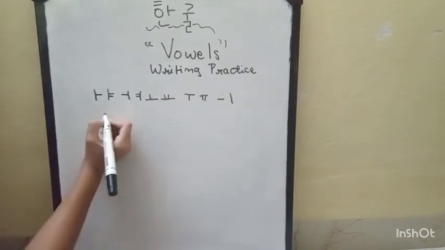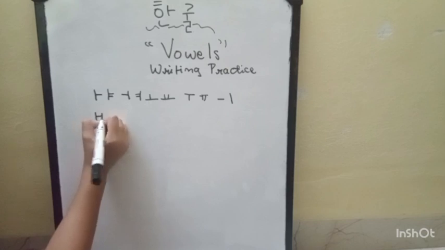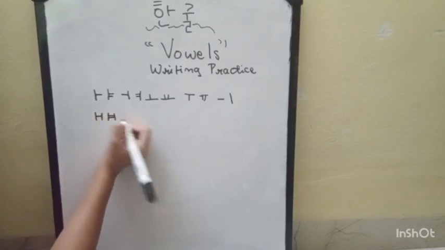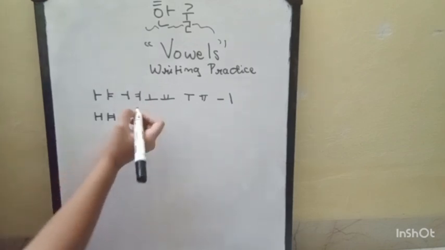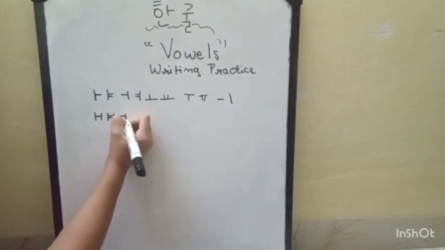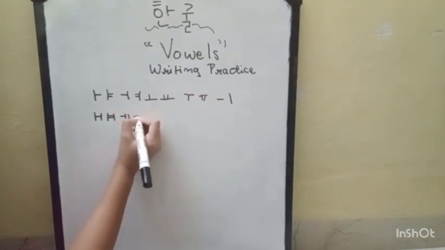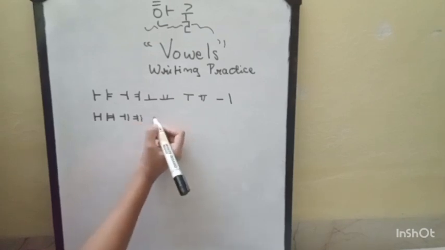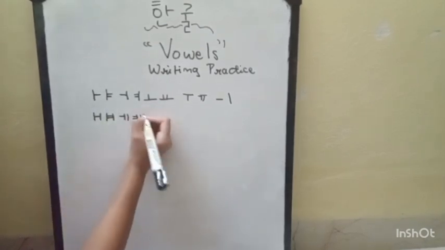Now wait, sorry, now a is like an H, and then A is like an H with another line. Now, for another A and A, this is just the combination of A and E. So A and then A is a combination of Ya and E. So Ye. Now Wa is a combination of this A and A. So it would be Wa.